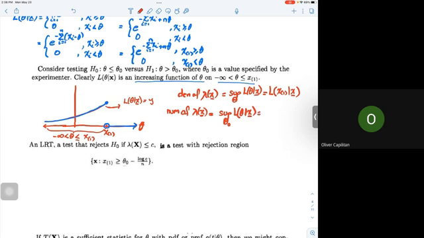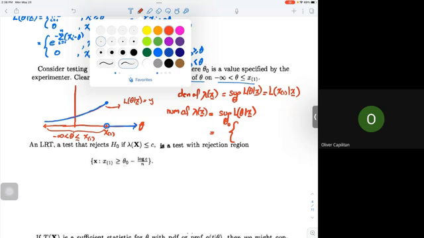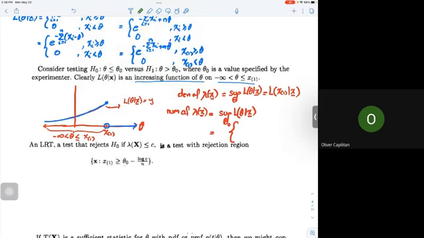Now, if we look at this, what would this be equal to? The null says theta is less than or equal to theta sub 0.